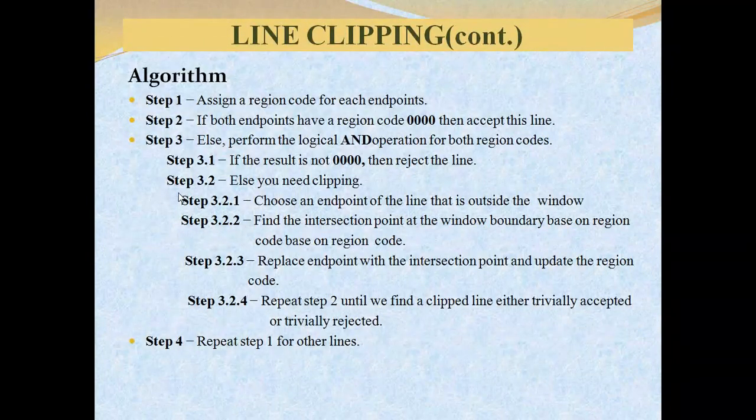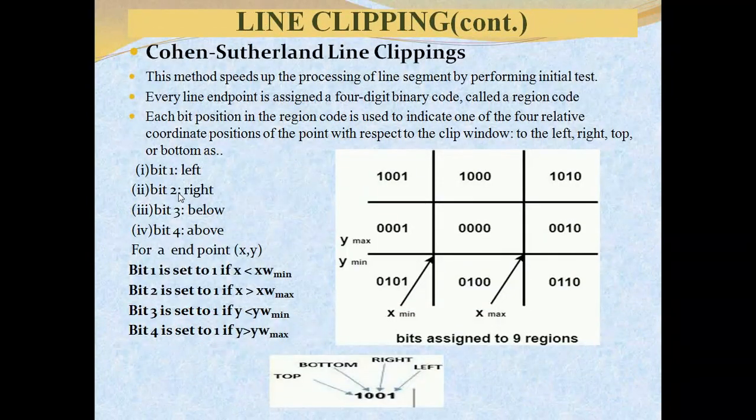According to these 4 conditions, here x is 12, x min 5, 12 less than 5, this is false, so bit 1 is 0. 12 greater than x max 10, it is true, that's why bit 2 is 1. 10 less than y min, that is 7, 10 less than 7, it is false, that's why bit 3 is 0. And 10 greater than y max, that is 17, it is false, bit 4 is 0.